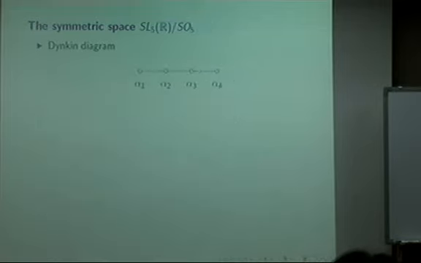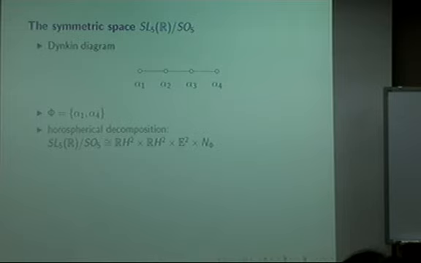In particular, let's do a special case here, SL5. I prepared this. So this is our Dynkin diagram, alpha 1, alpha 2, alpha 3, alpha 4. We choose as a subset the two roots at the end, alpha 1 and alpha 4. So the horospherical decomposition consists of 2 copies of real hyperbolic planes, corresponding to alpha 1 and alpha 4. The remaining dimension for the Euclidean space is E2, and then we have some n phi.